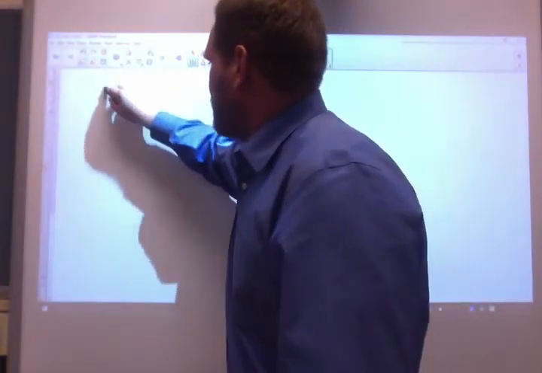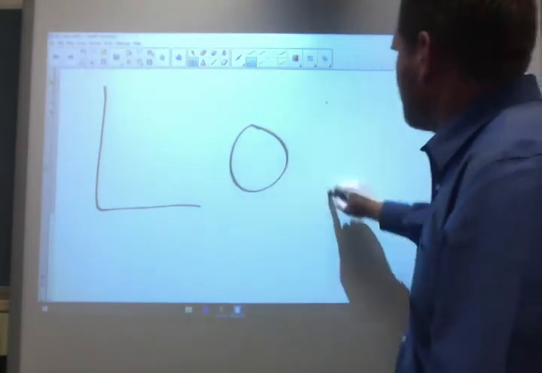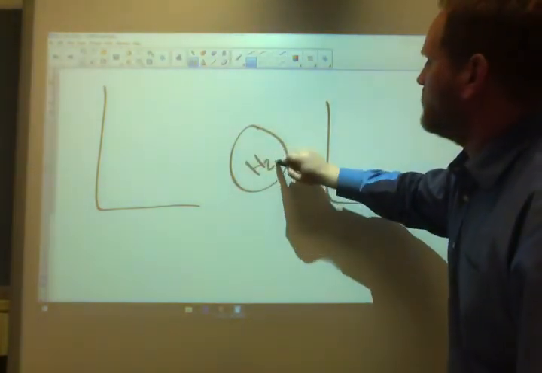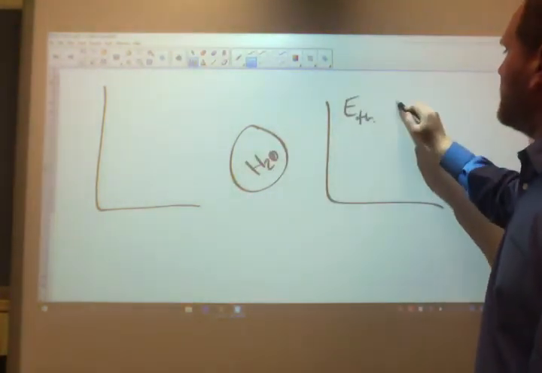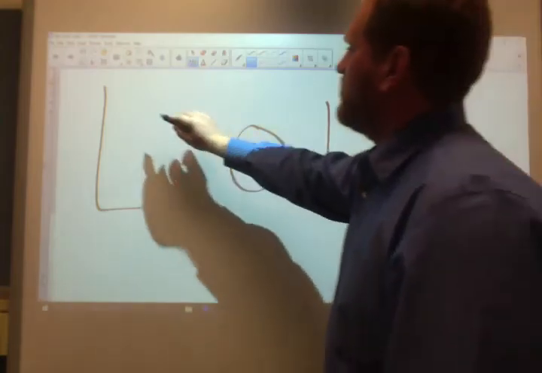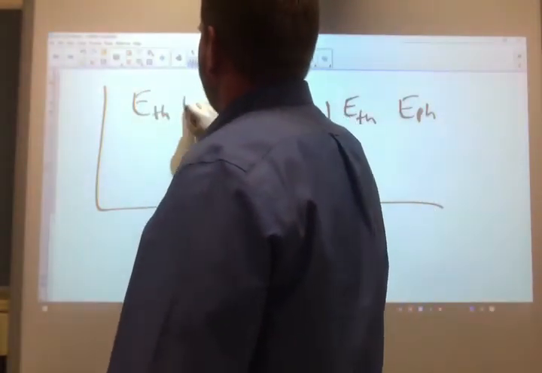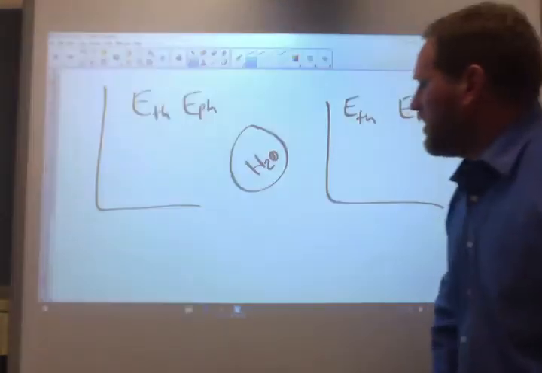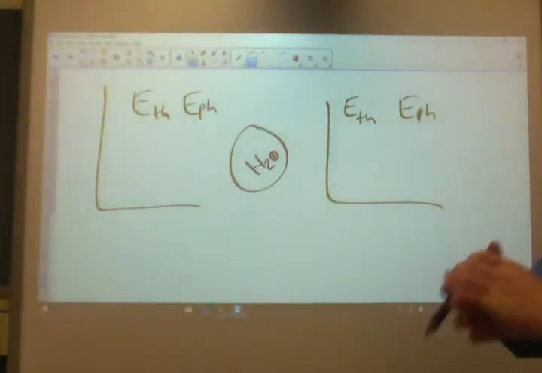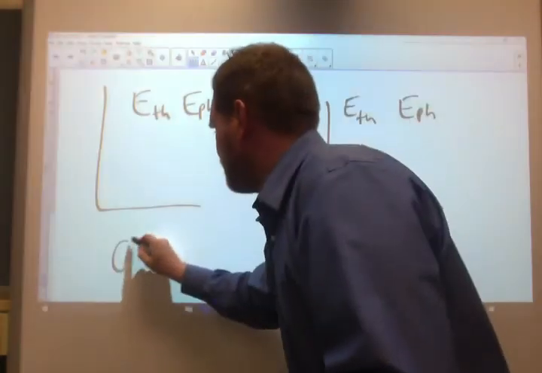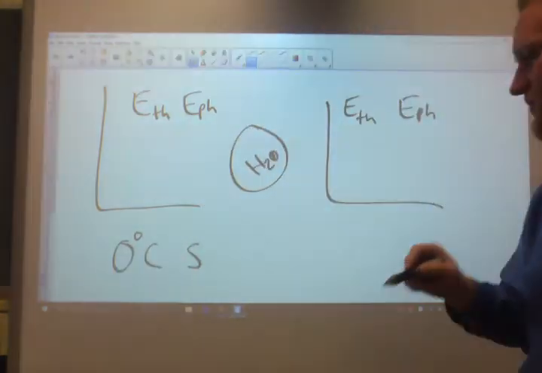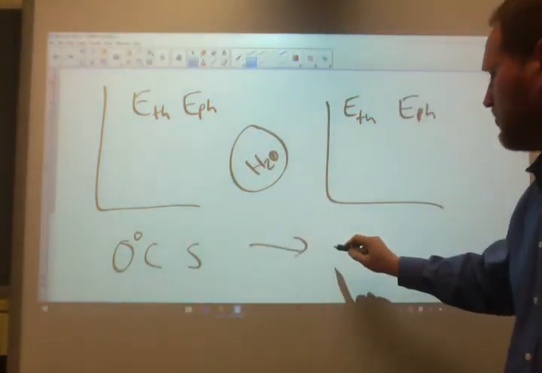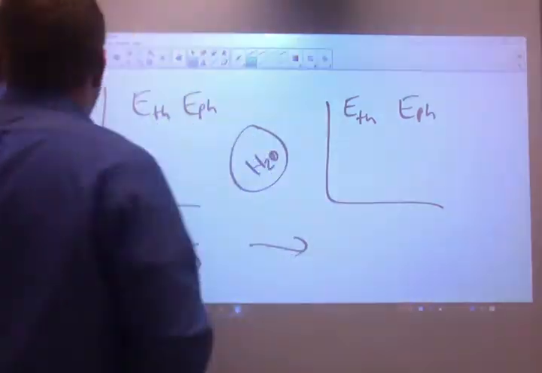Finally, my last LOL, we're still dealing with H2O, ETH, EPH. So we've now reached 0 degrees Celsius solid, or ice, and that's now going to cool down to, let's say, negative 10.